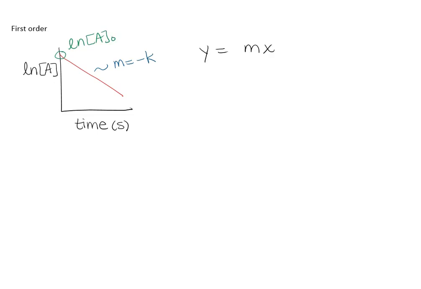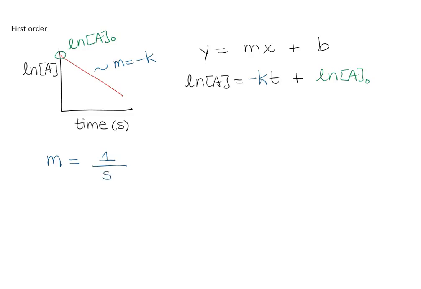So incorporating this plot into our linear equation, our y term is ln A, m is negative k, x is still t, and our y-intercept is ln A naught. Looking at the units of slope, still y units over x units, but in this example, because the y-axis is unitless, we just put a 1, and then our x units are still seconds, and we can rewrite this as inverse seconds.